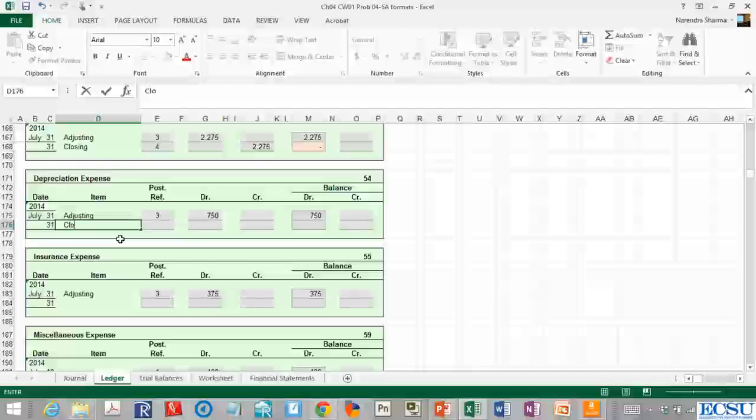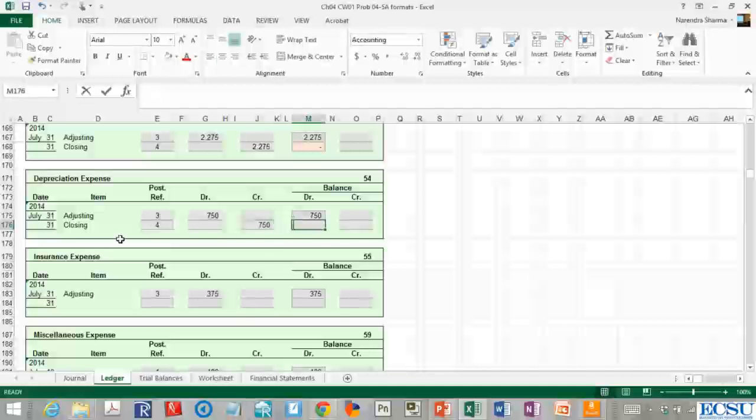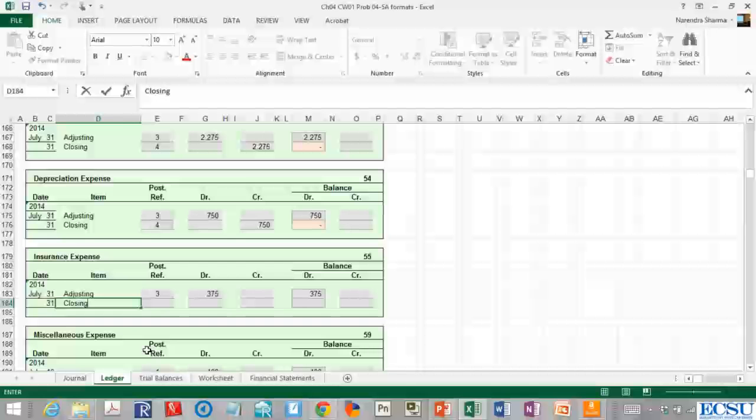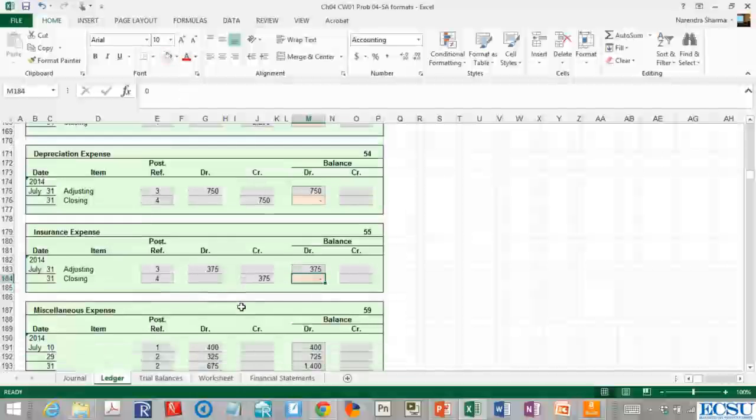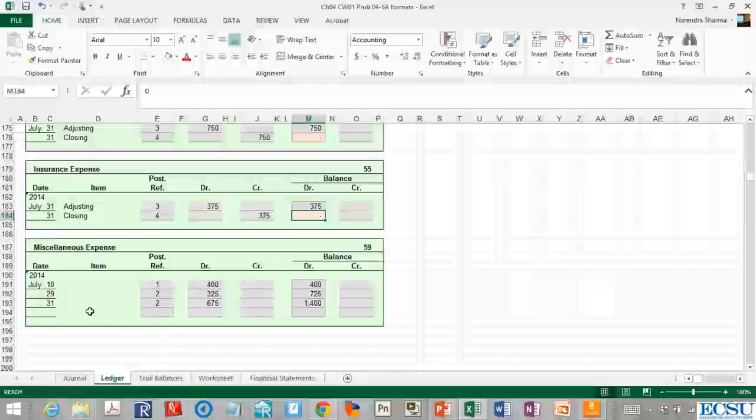This is closing, and page number 4 of the journal, credit 750, this will be 0, 750 minus 750. Insurance expense, again that should be closing, and page number 4 of the journal, a credit of 375, so that will give a debit balance of 0 because we had a debit and we just credited with 375.